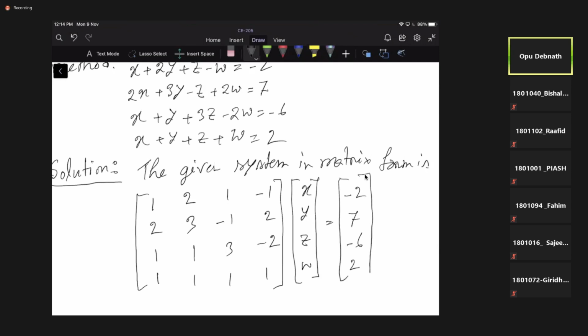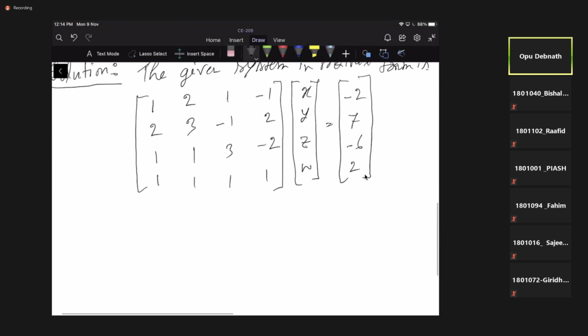So this is the representation in matrix form of the given equations, where this portion is A, this is x, equal to this is B.